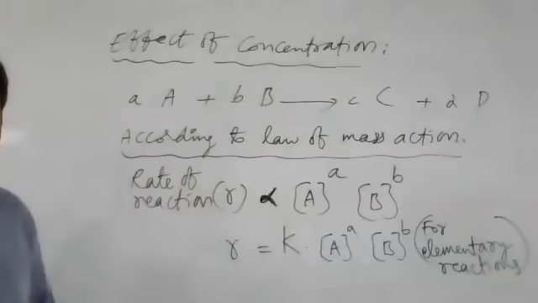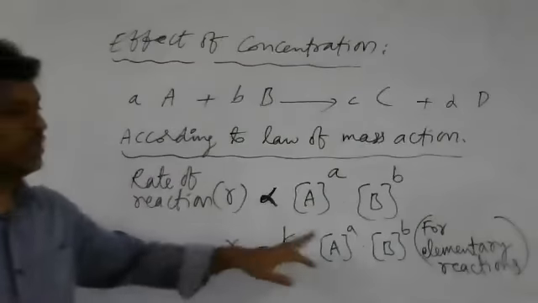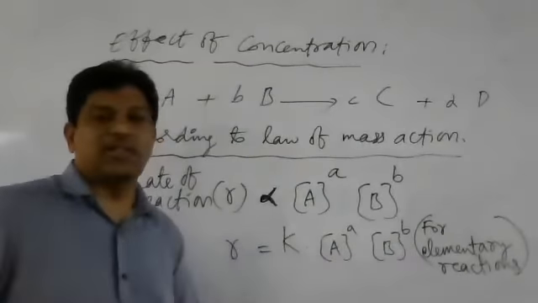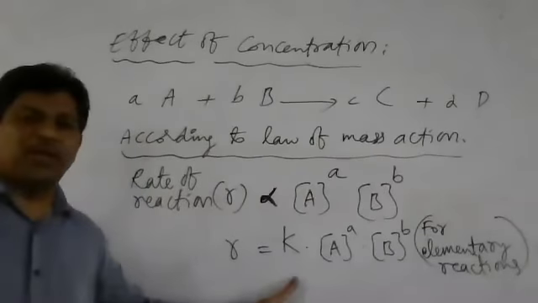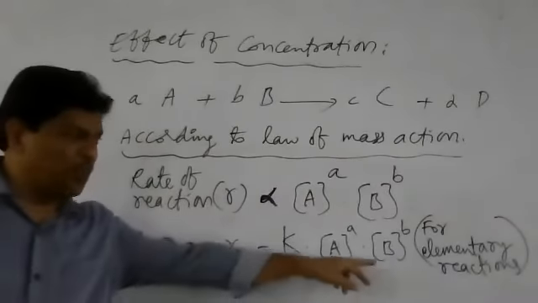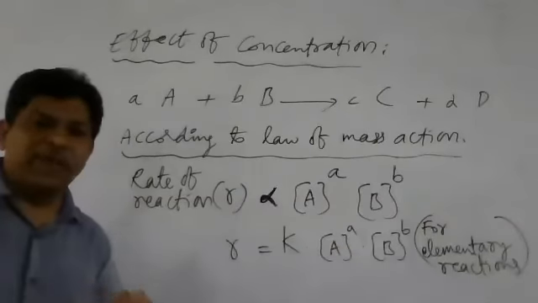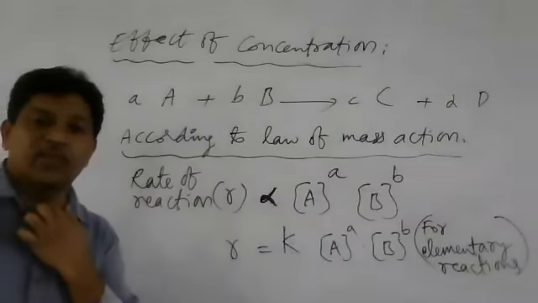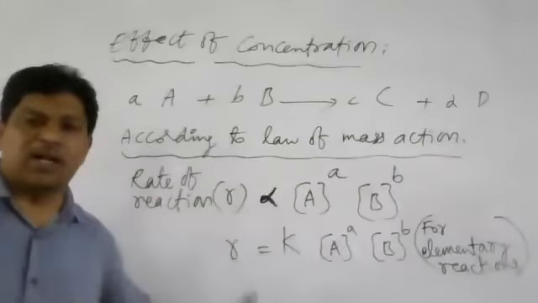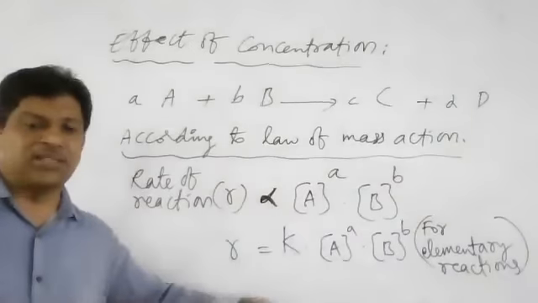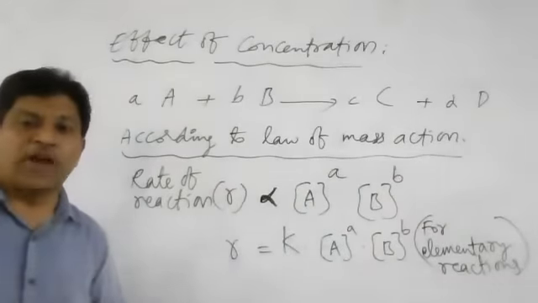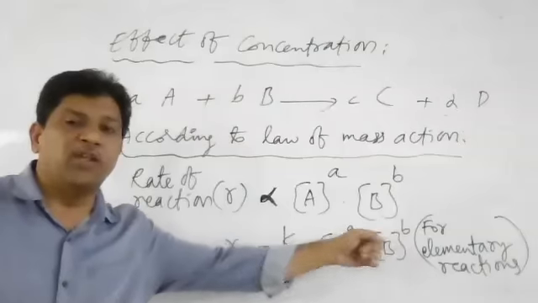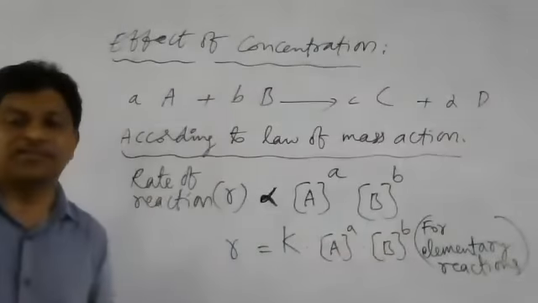So the law of mass action can be applied only to elementary reactions. For complex reactions, we cannot apply this; the powers small a and small b will not be correct. We have to find the values of small a and small b, the powers, experimentally.